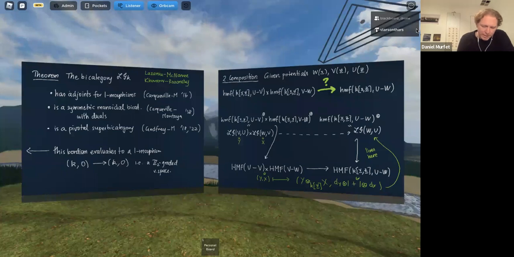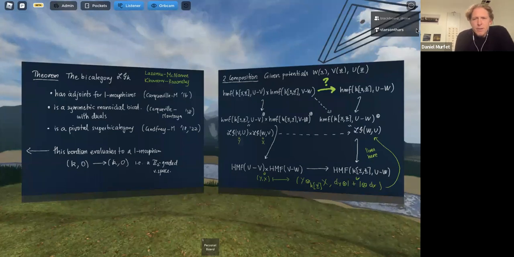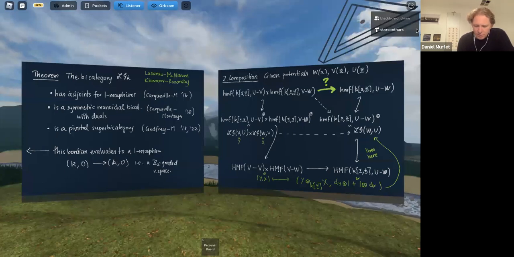What you actually get is a map that lands here. And of course, this sits inside here. Okay, so what this diagram's trying to get at is maybe it's hopeless to expect some closed formula that just gives you the output of composing two one morphisms in this bicategory without going via some infinite rank thing. To just write down the answer directly is probably impossible.